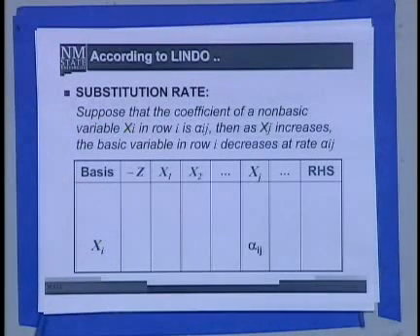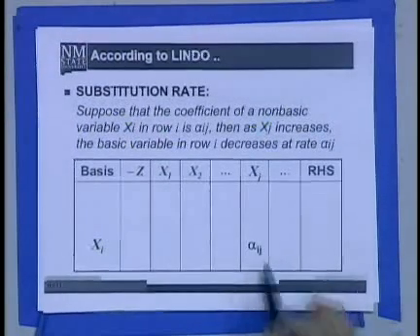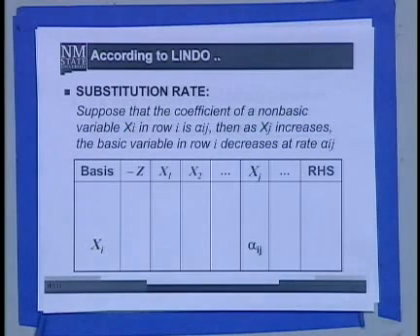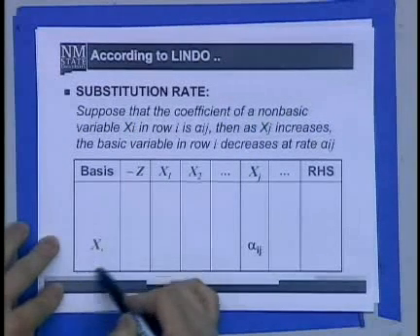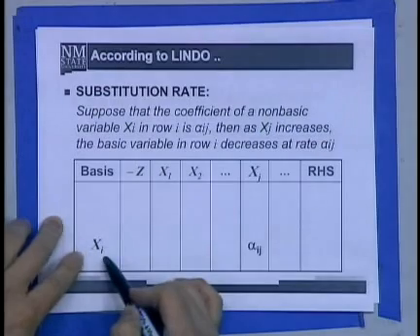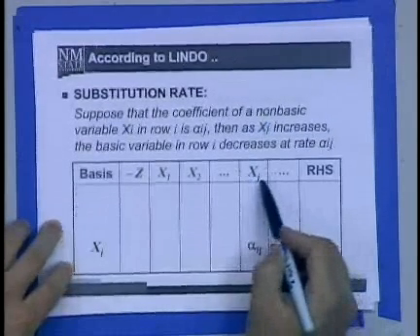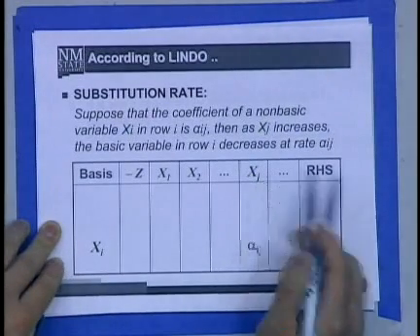We've learned substitution rate alpha ij indicates how much xi variable decreases as non-basic variable xj increases, right?